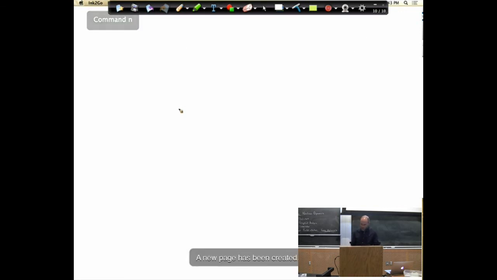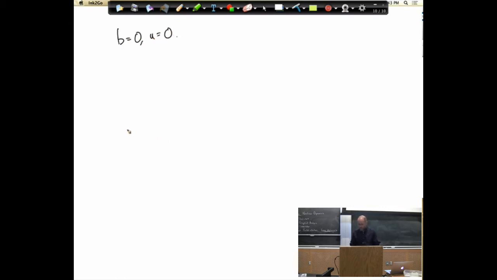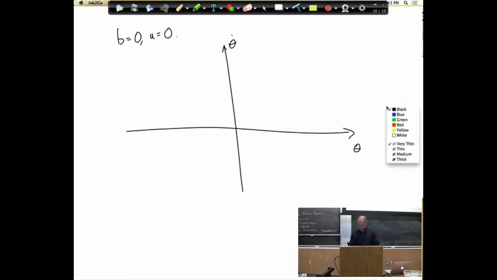So here we go. Let's do a special case where b equals 0 and u equals 0, just to draw that one first. So if I do theta versus theta dot, I'm going to use all the colors at my disposal here, okay? So first, let's just walk along this line. Well, what are my remaining equations? So I've got ml squared theta double dot plus b is 0. So it's just plus mgl sine theta, right?